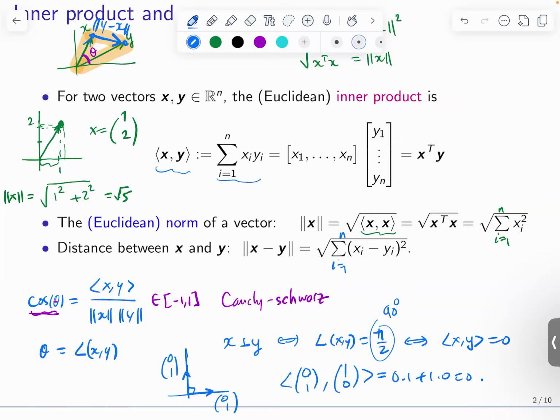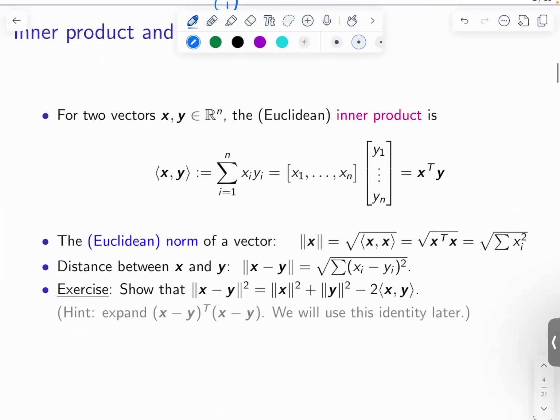Okay, inner product gives us norm and distances and angles and the notion of orthogonality. So there's also this identity that the norm of x minus y squared is the norm of x squared plus norm of y squared minus 2 times the inner product of x and y.